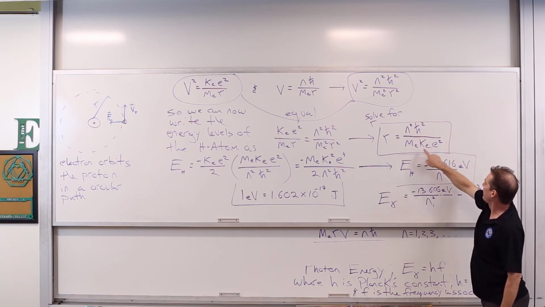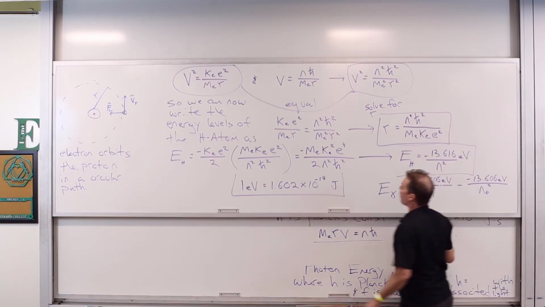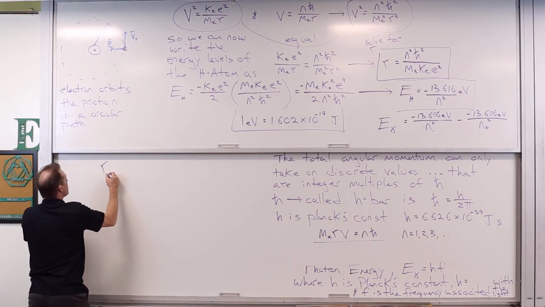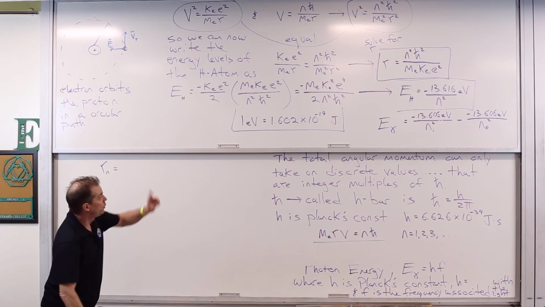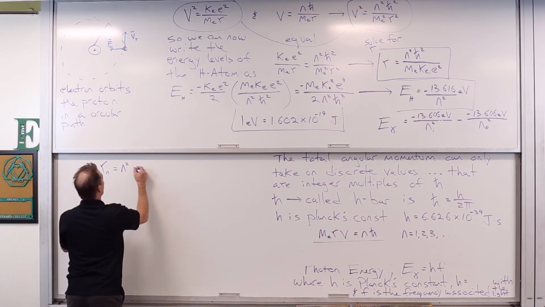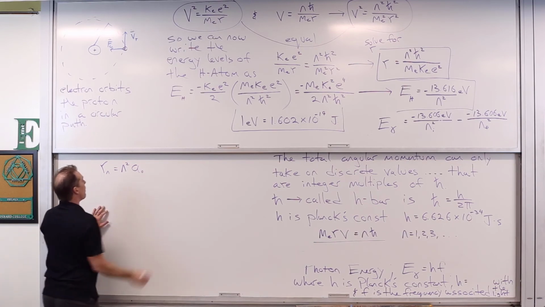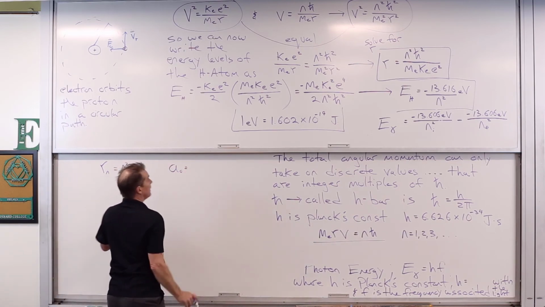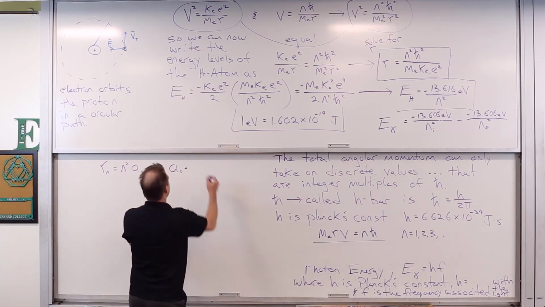That's a constant, that's a constant, that's a constant, that's a constant. So when we go ahead and evaluate all of that, we find that r sub n is equal to n squared times what we'll call a sub 0. And a sub 0 is all of that other stuff.